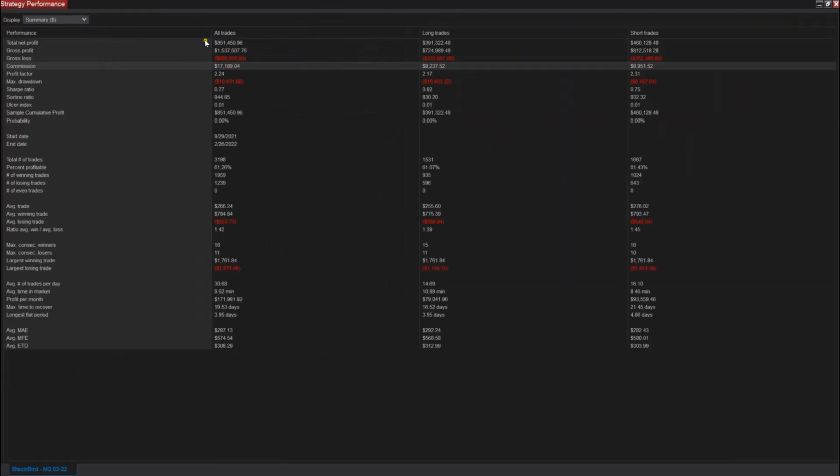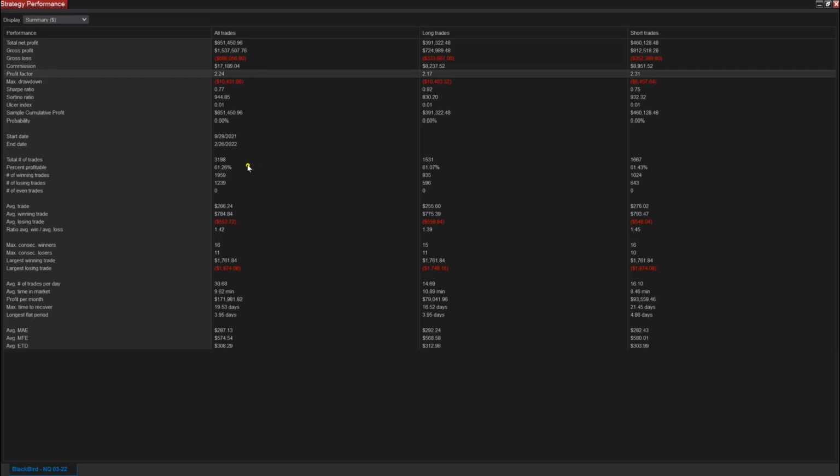Very high net profit, a decent profit factor of 2.24, and a very good percent profitable. But the downside, and what you have to understand, is there were 11 maximum consecutive losses.